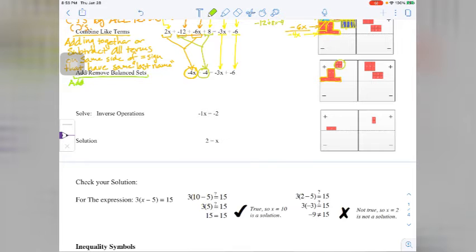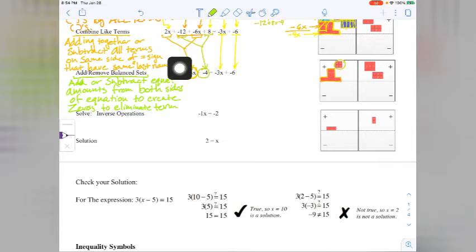It means add or subtract equal amounts from both sides of the equation to create zeros. We want to make zeros to eliminate terms. We want to get rid of some of these terms.